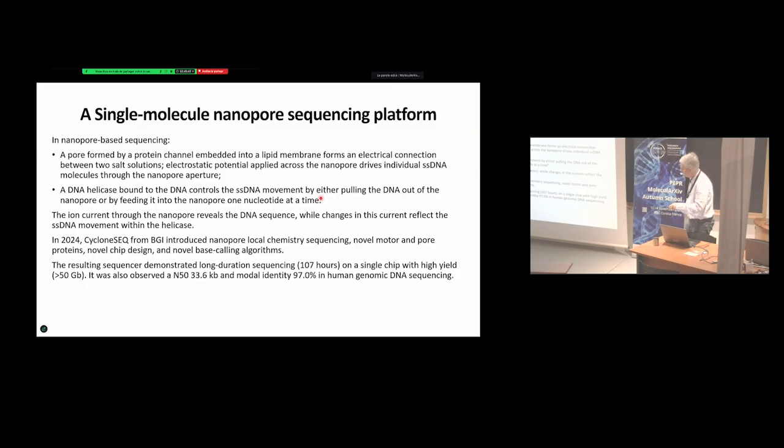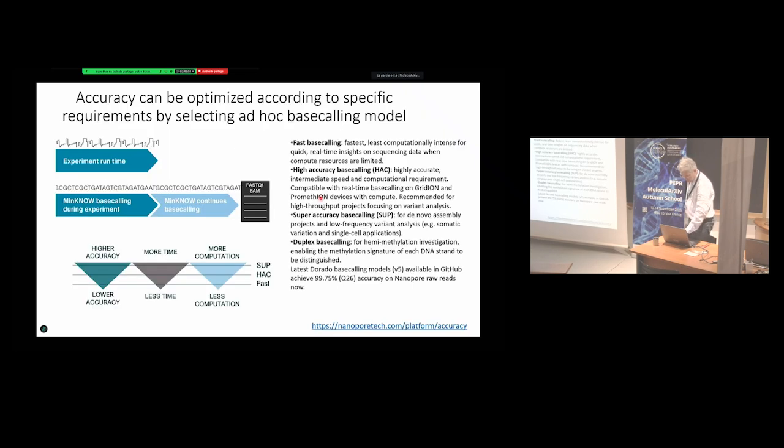You see N50, 50% of the reads can be above 33.6, and a nice mapping in the case of human genomic DNA sequencing.